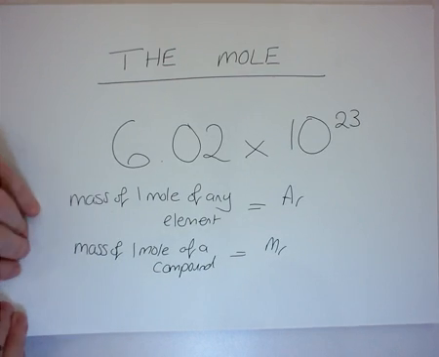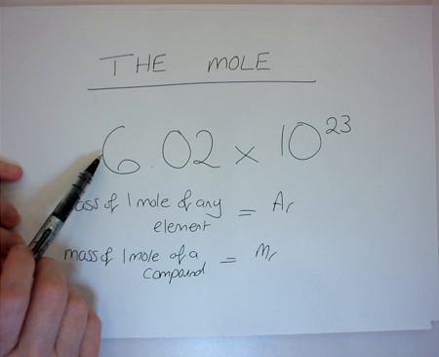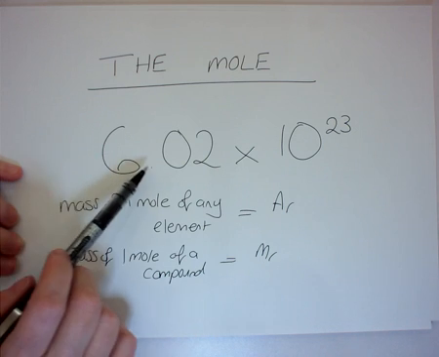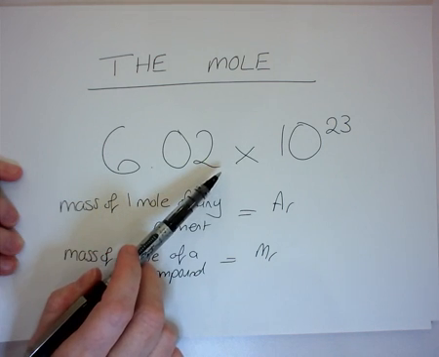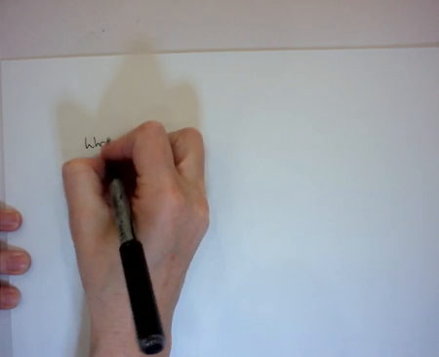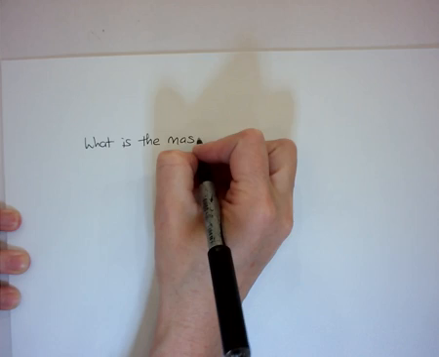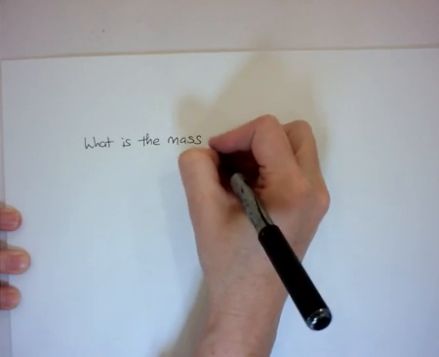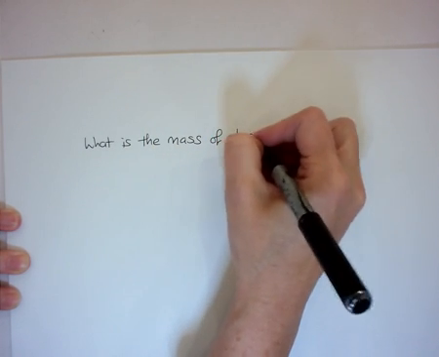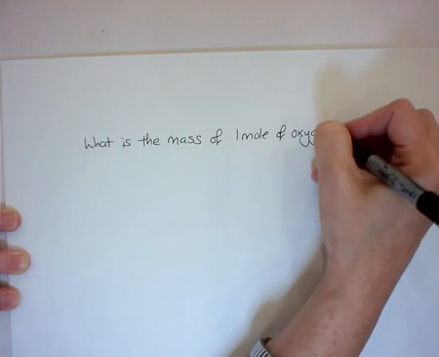So let's do some calculations with this. Now, you will never have to use this number in a calculation, but you have to be aware of this number. Okay? So, my question is, what is the mass of 1 mole of oxygen molecules?